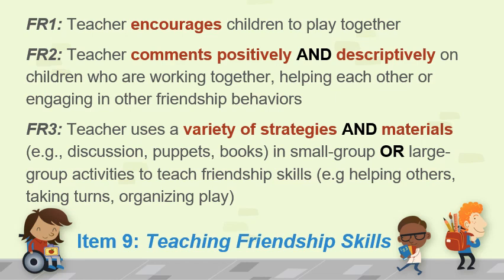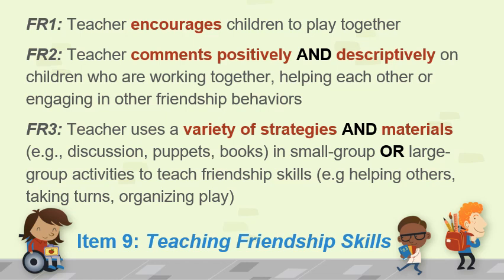FR3, the teacher uses a variety of strategies and materials, such as discussion, puppets, books, in small group or large group activities to teach friendship skills. For example, helping others, taking turns, organizing play.